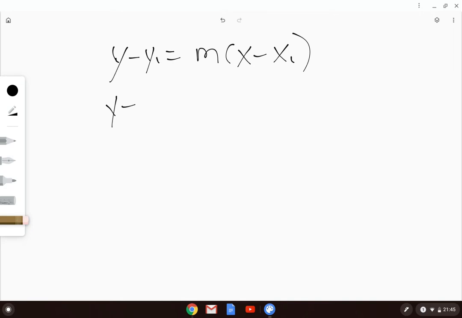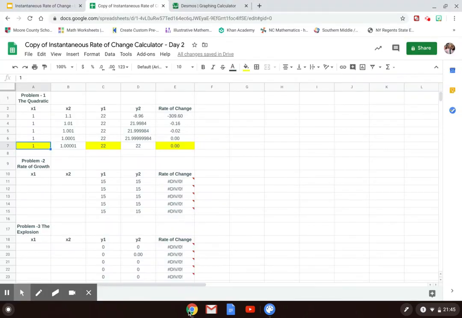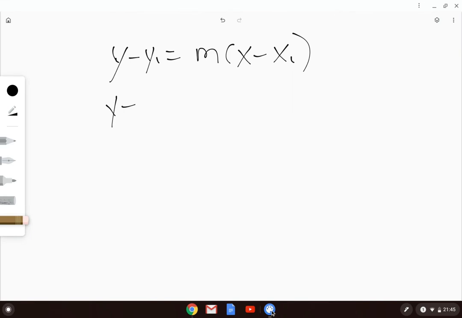So I come over here and I have y minus y1 equals m times x minus x1. I know that my y1 is going to be 22, and my slope is 0. Anything multiplied by 0 is 0 when I distribute that.